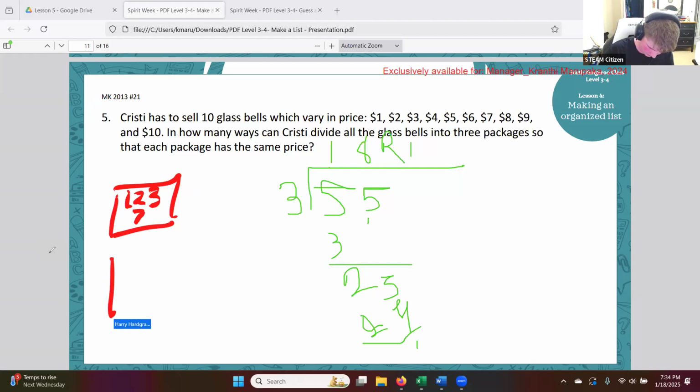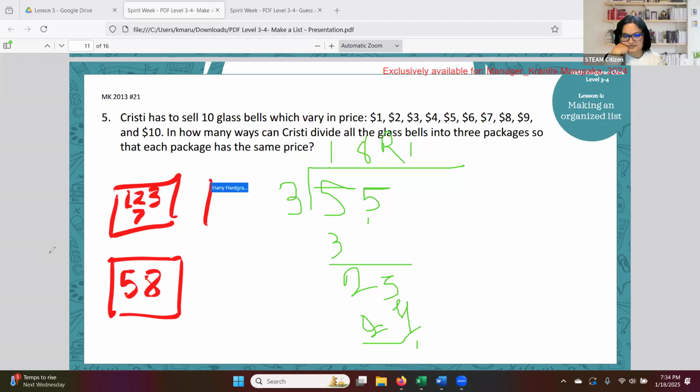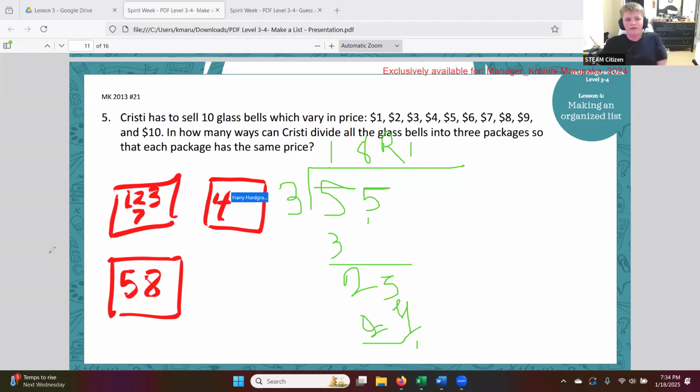And then this box has, if I remember correctly, 5 and 8. And then this box has 4 and 9. Now, you have these beautiful numbers here, 1, 2, and 3, and what I like about those numbers is they can add up into other stuff.